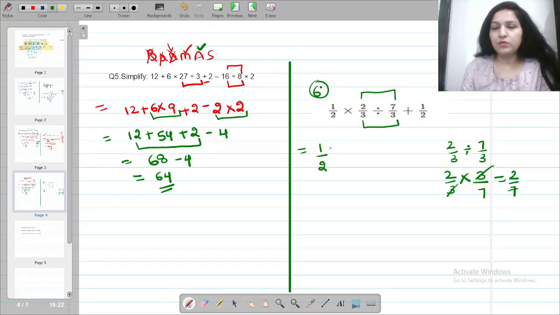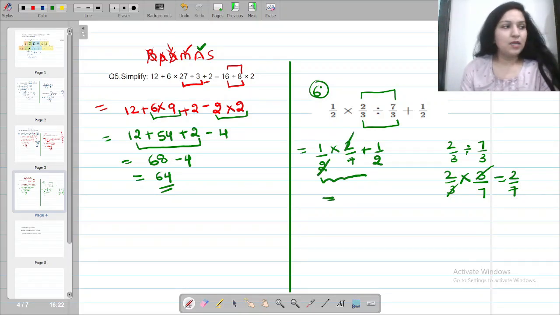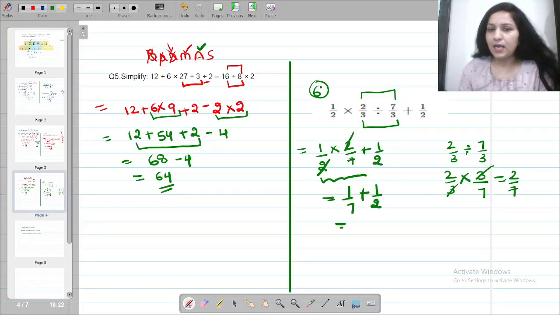Question is 1 by 2 into 2 by 7 plus 1 upon 2. After that, there has to be a multiplication between these two. 2 up, 2 down, cancel. So you have 1 into 1. It's 1 upon 7 plus 1 upon 2. These are unlike fractions.